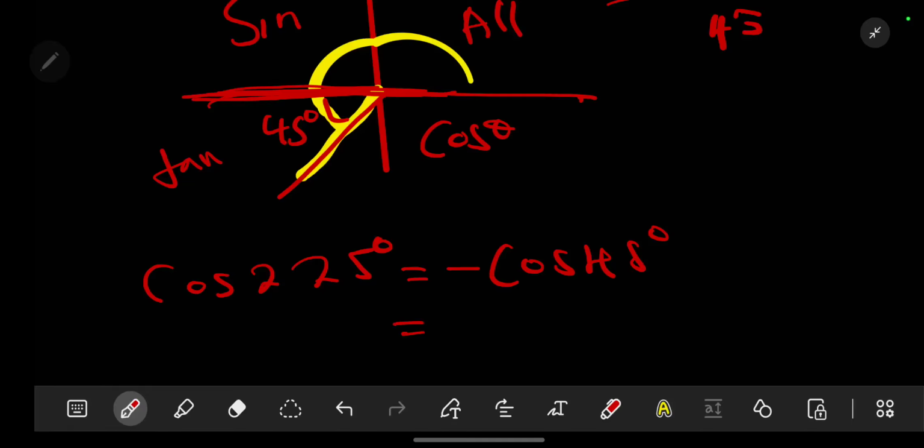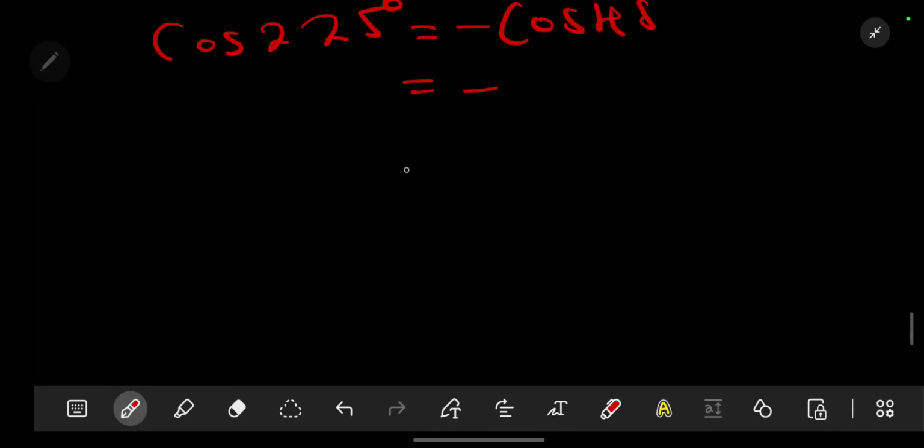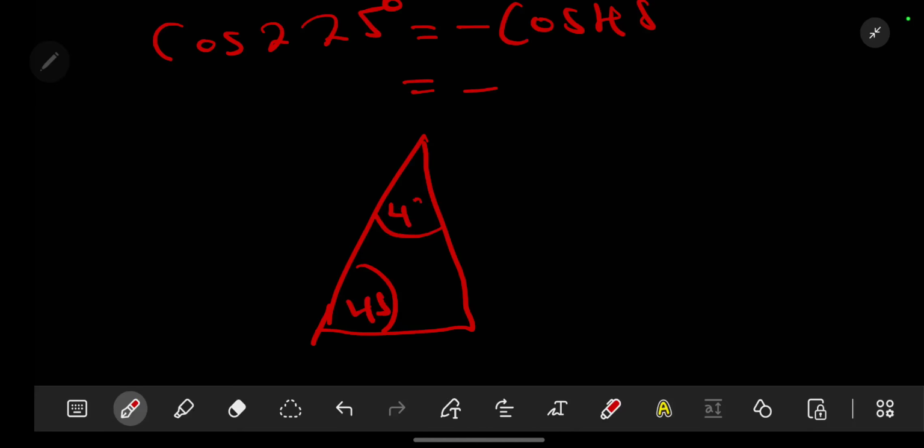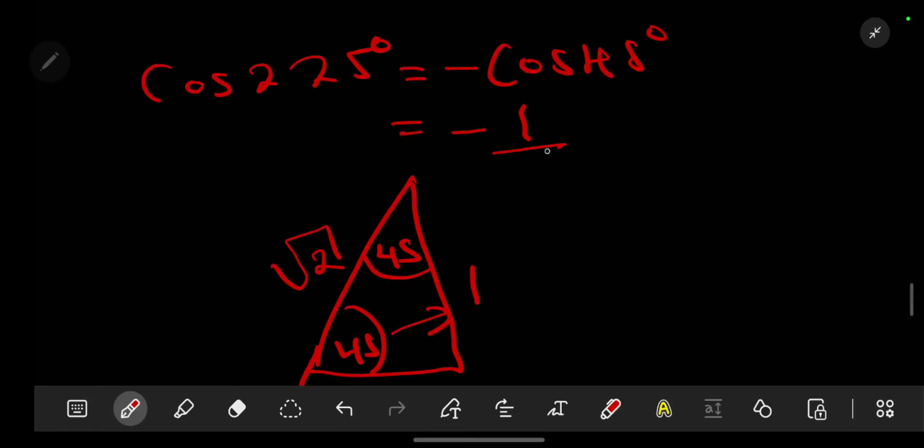So we are going to have the negative of, remember the 45 is associated with, if we have the 45 here, we have 1, then we are going to have the root of 2. So knowing that cos is equal to adjacent over hypotenuse, we are going to have 1 over the root of 2.